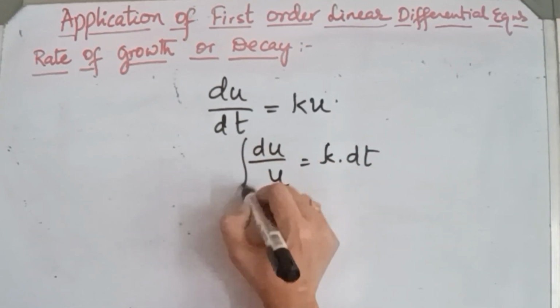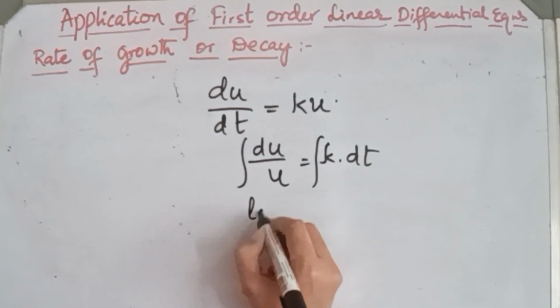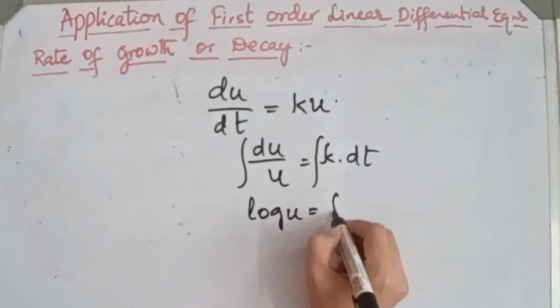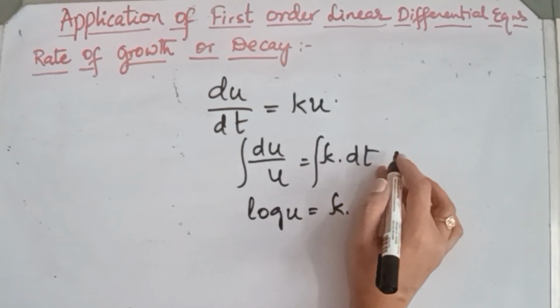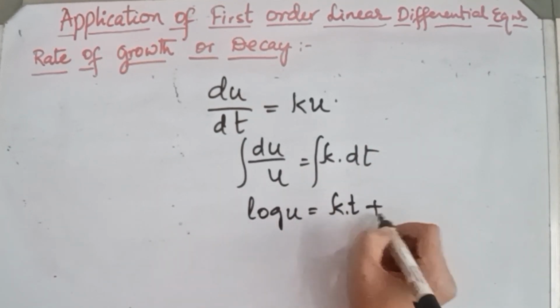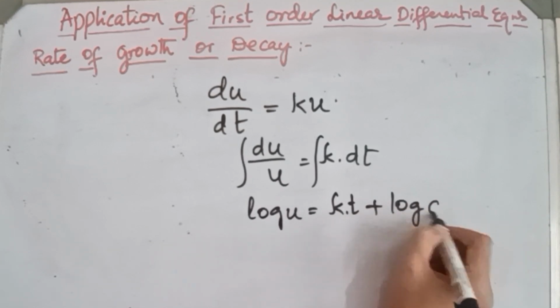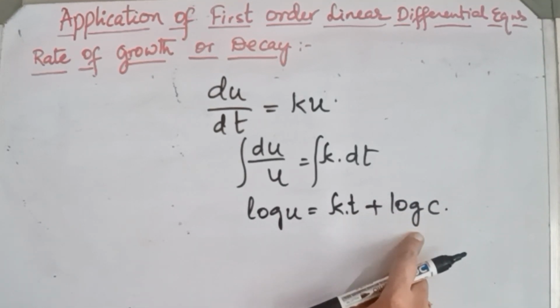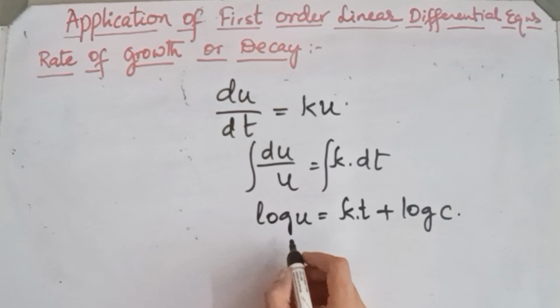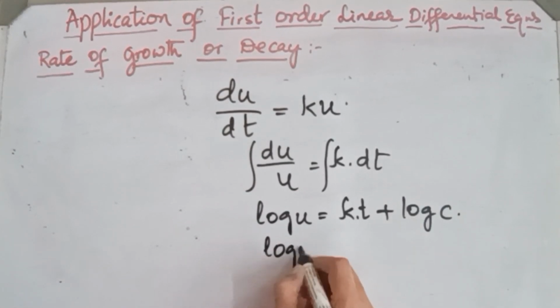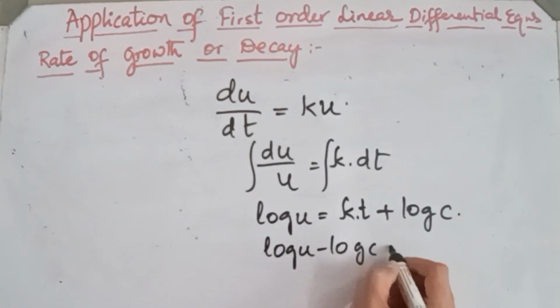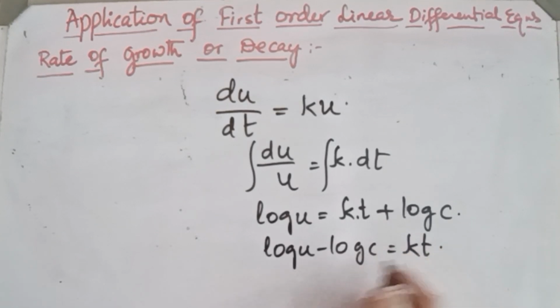Then integrating on both sides will get log of u equal to k into integral of 1 with respect to t, which is t, plus I'll apply log of c, the constant of integration, as log c. Then this gives log u minus log c equal to kt. Then log of u by c equal to kt.